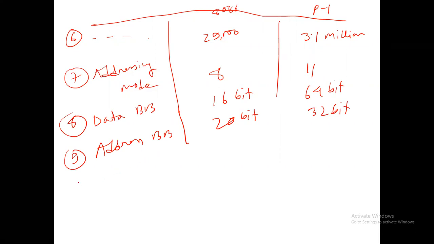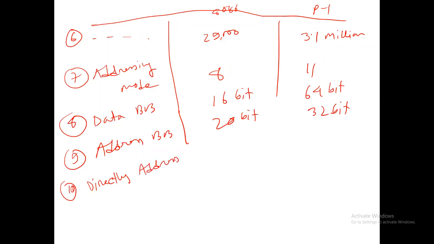Directly addressable memory is 2 to the power 20, already discussed in our previous class. 2 to the power 20 means 1 mega.